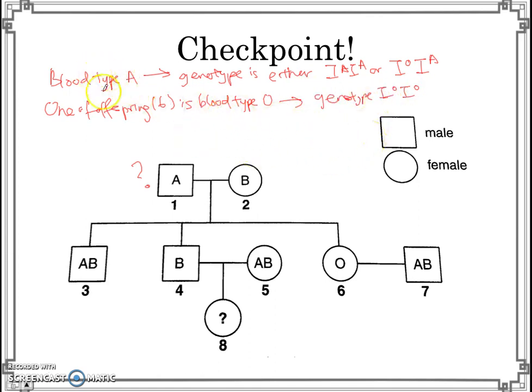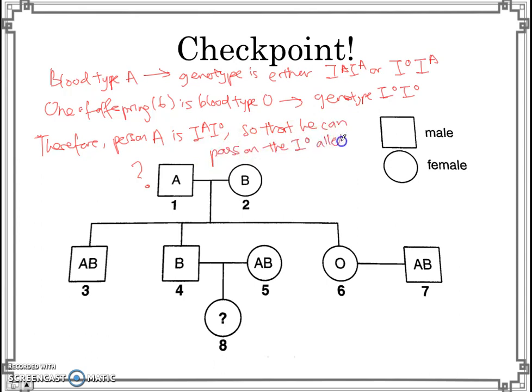That means that person number 1's genotype is definitely IOIA. Therefore, person 1 is IAIO, so that he can pass on the IO allele to person 6, who is his offspring. Otherwise, his offspring will not be blood type O.